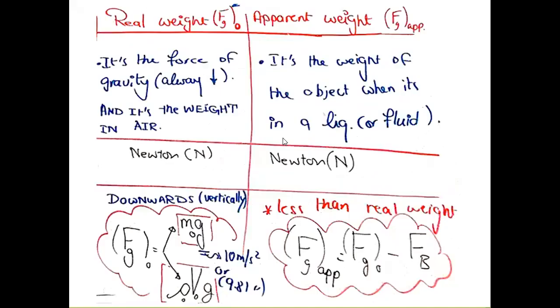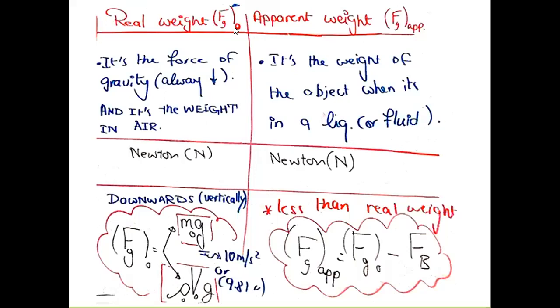Well, so now, inshallah, we will compare between the real weight and the apparent weight. Let's agree together that we will give them these symbols. The real weight of the object is FGO, and we will give it the notation O.